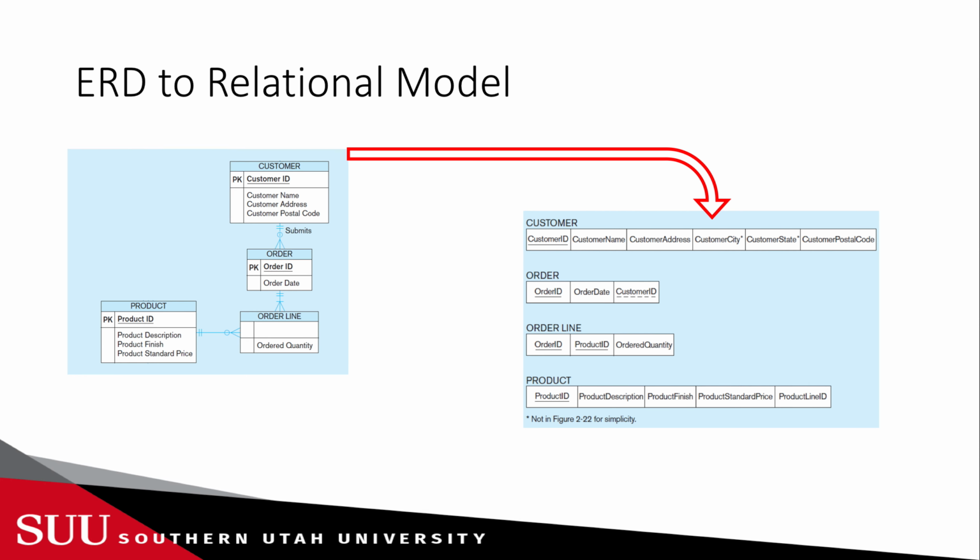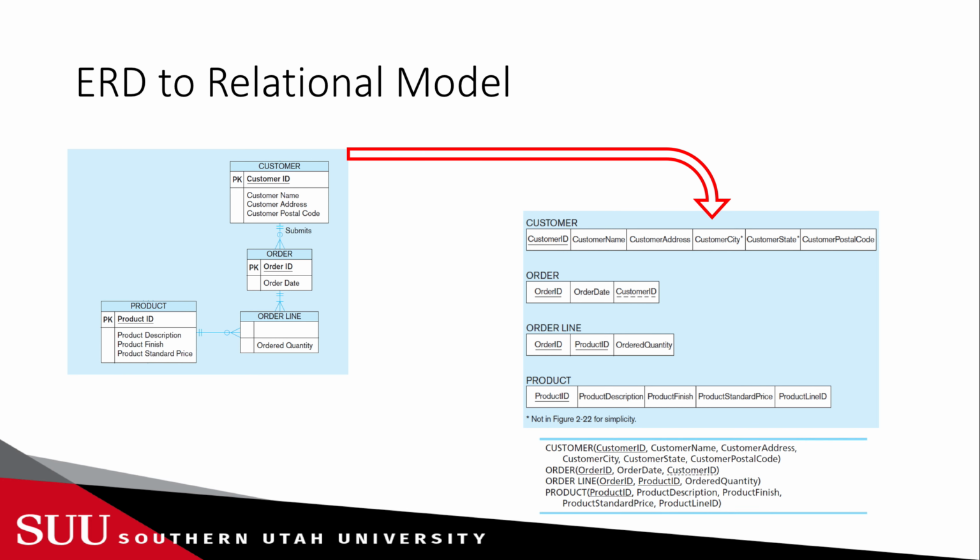You can just have the headings of the tables, which is going to be a relational model. This is one representation, and this is another representation. Which one is better? It's just your personal preference. Both of them are representing the exact same thing.